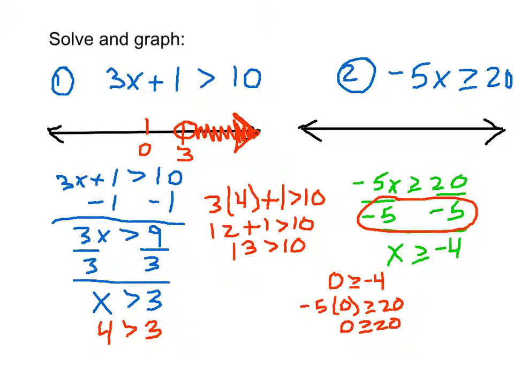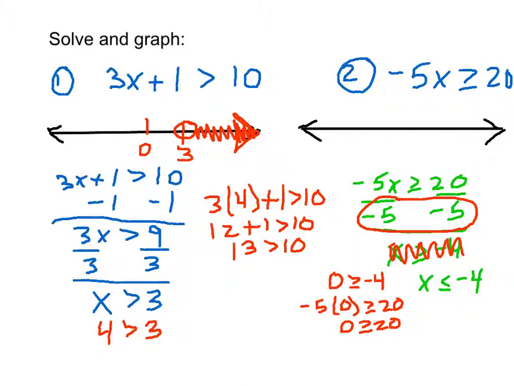When you divide or multiply by a negative number with inequalities, you have to remember to switch your inequality sign. Because what you're doing when you're multiplying or dividing by a negative number is really multiplying by its opposite, finding the opposite of what's really true. So when you divide both sides by negative 5, remember to switch the inequality.